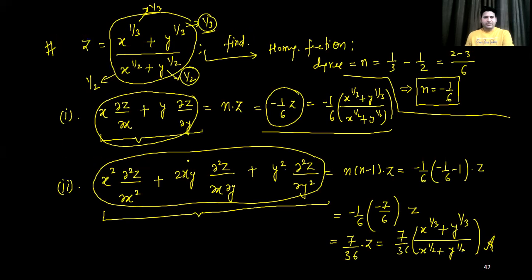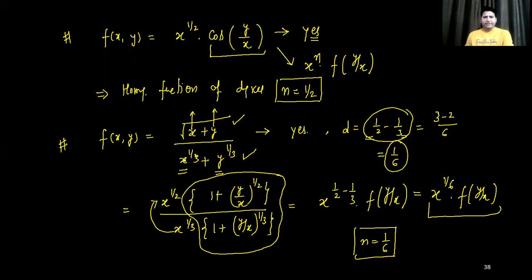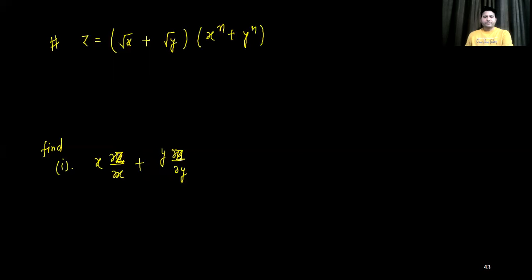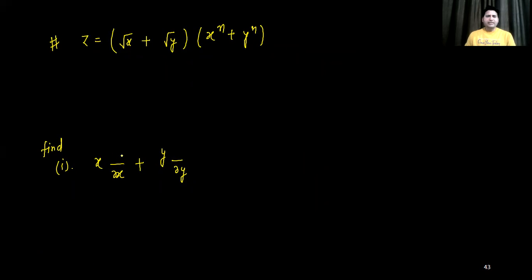In the previous one, let us check whether I wrote z or u. It should be whatever the function is given to us. Yes, it should be z. So the function is given, z is this much, and they are asking the result of Euler's formula. So let us see how to find them. They are asking x into del z over del x plus y into del z over del y, the first part.